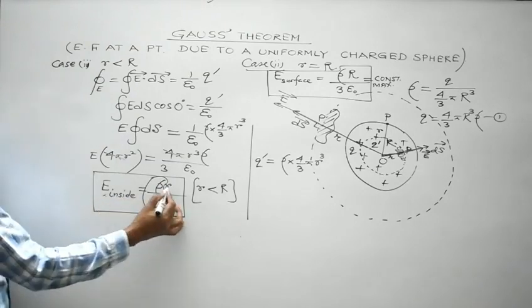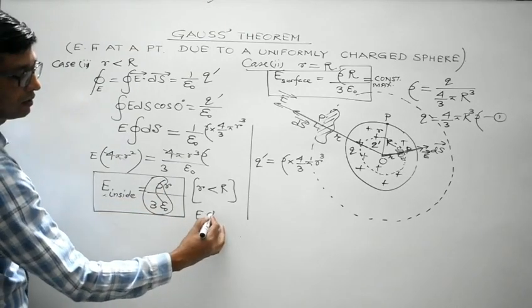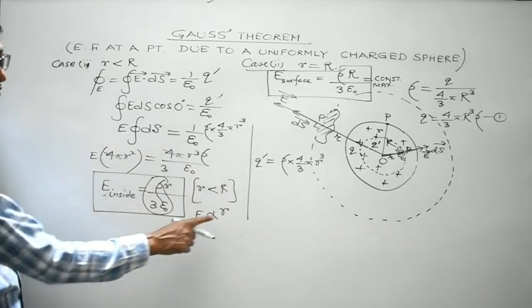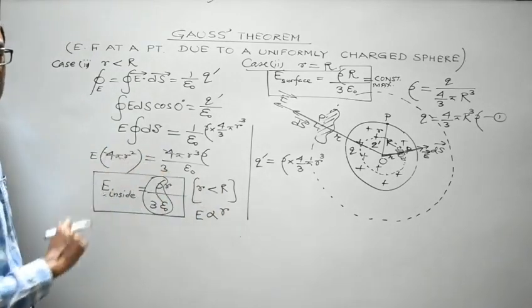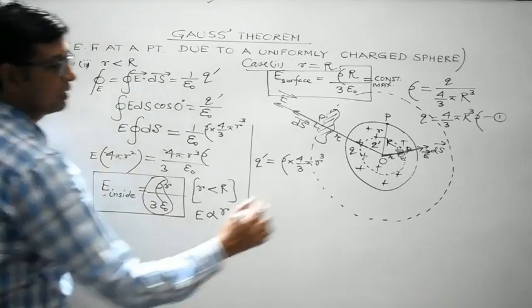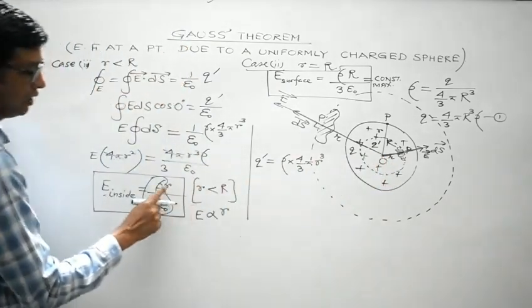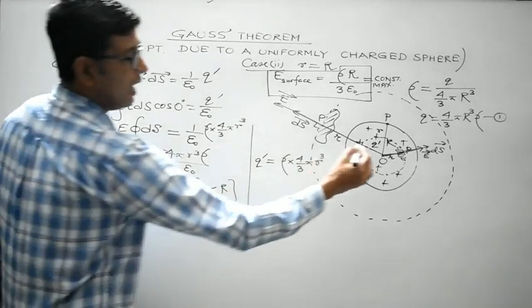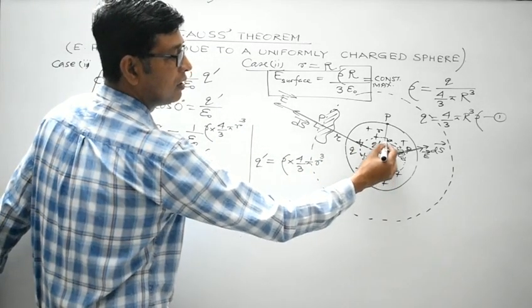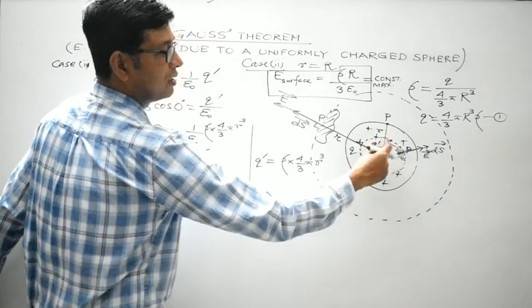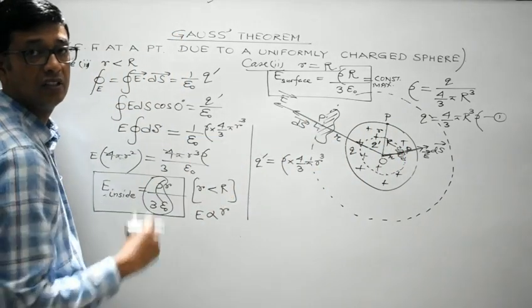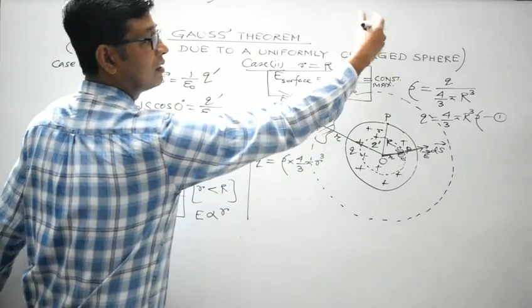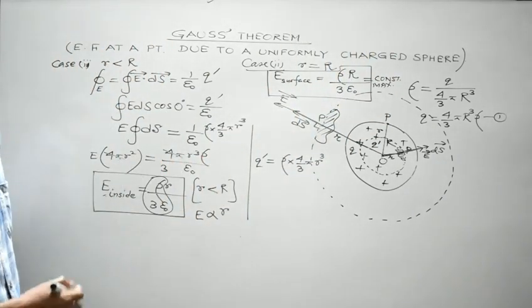So the electric field varies with distance small r as directly proportional to r. It means with the increase in the distance, the electric field also increases. So at the center, when r equals 0, the electric field will also be 0. So as the observation point moves towards the surface, the strength of the electric field will keep on increasing. At the surface, it will be maximum, and thereafter it will obey the inverse square law, right?